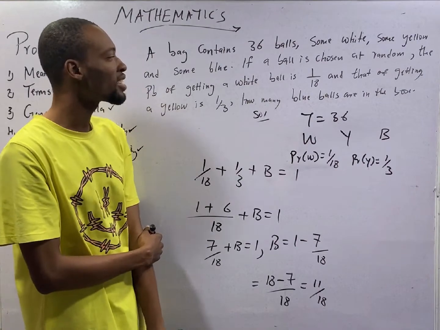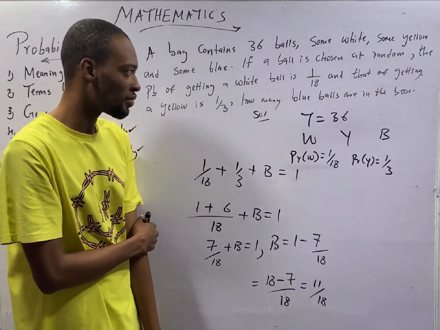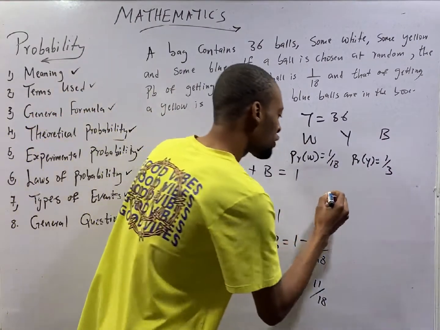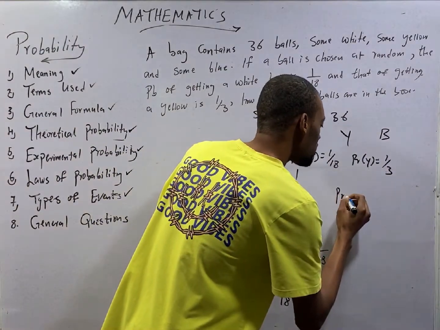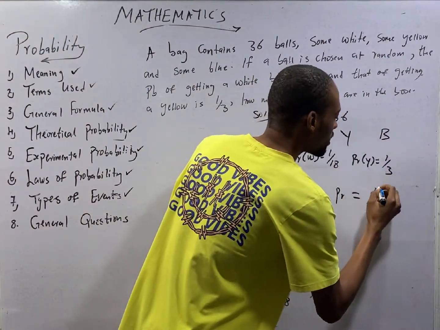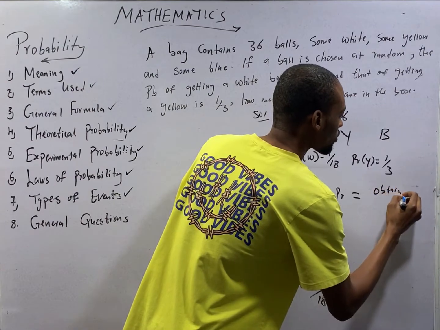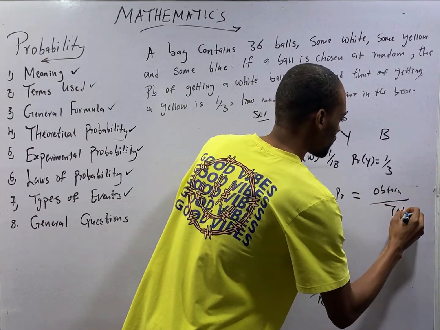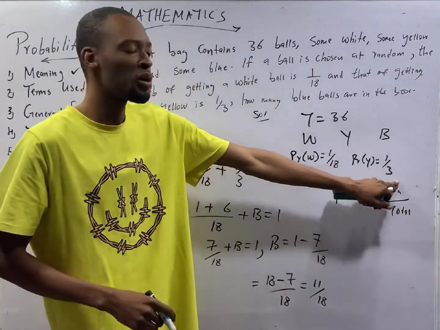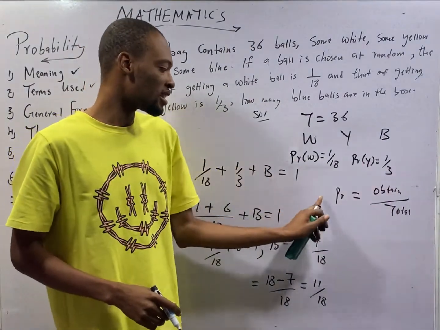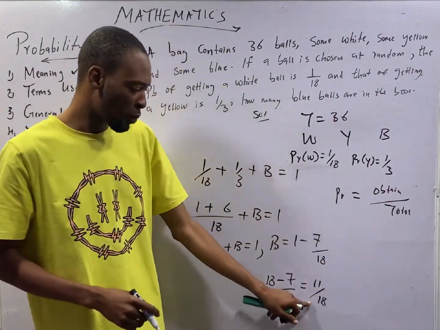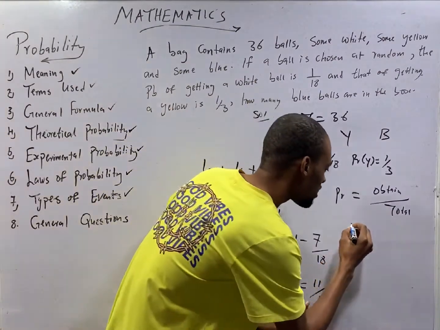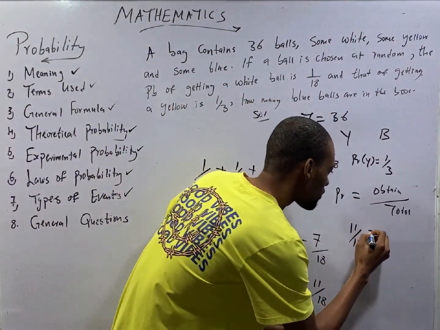But the question says, how many blue balls do we have? Remember, from the general formula, probability is obtainable as the number you can arrive at over total. Now we have probability, and that is 11 over 18.